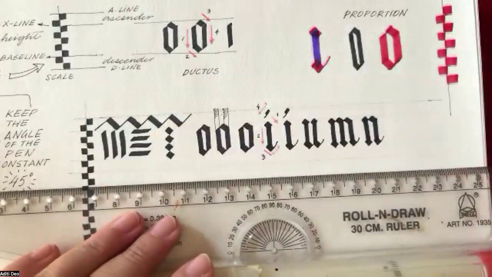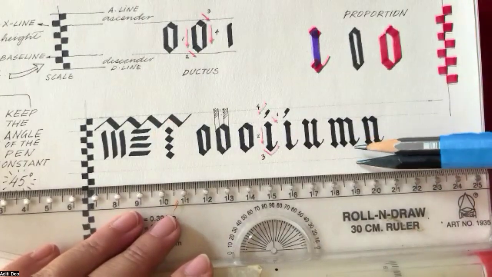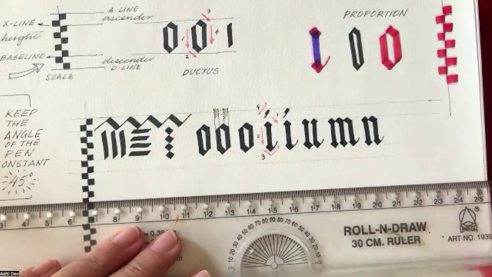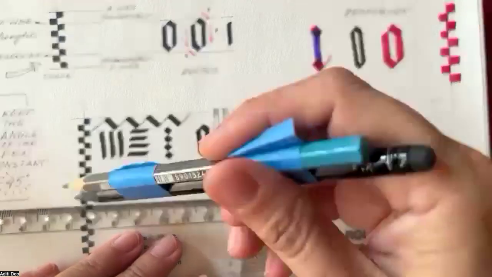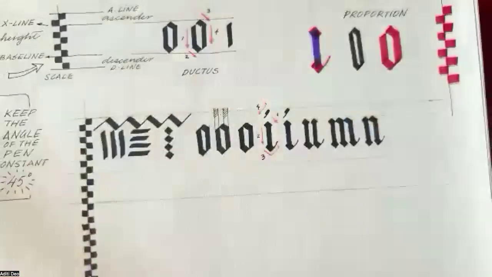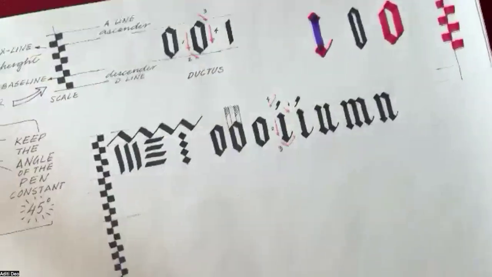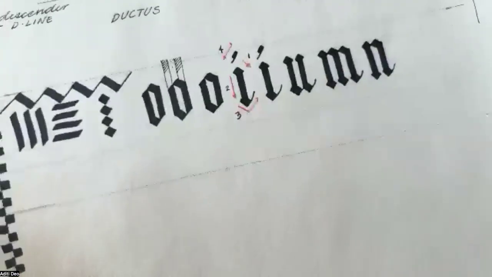This is only for practice. But often in books, the ascender and descender space would be common for the two lines. So that's what I'm going to do now. I'm going to make one common line. And we are going to try writing the word minimum. So I want you to observe how I write it first, and then I'm going to let you try.